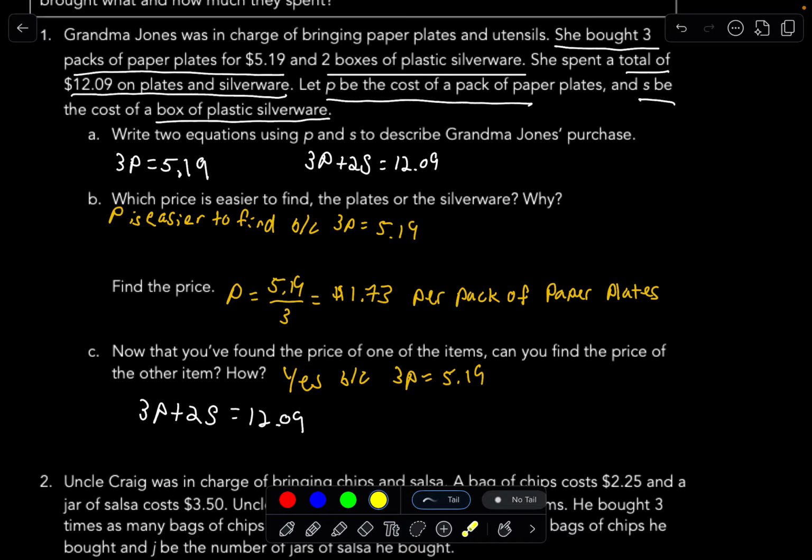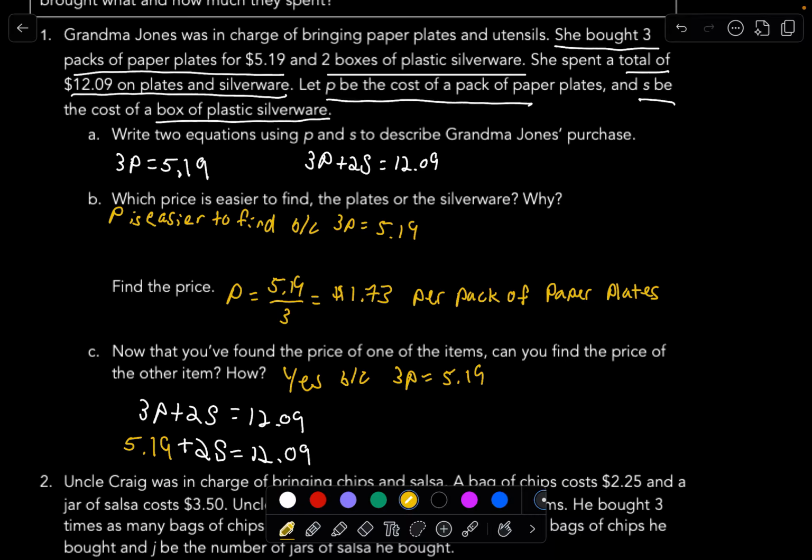We take the 3P equal to 5.19, and we change this 3P out to be 5.19. So this becomes 5.19 plus 2S equals 12.09, which is a fairly straightforward equation in one variable to solve.